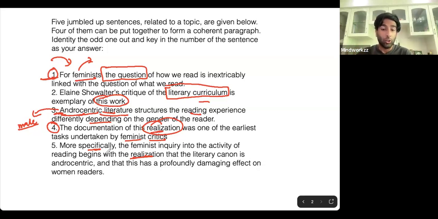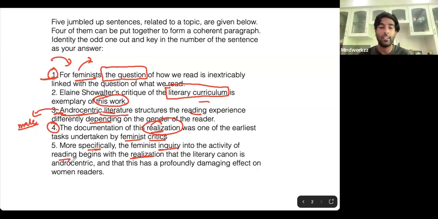So the feminist inquiry into the activity of reading begins with the realization that the literary canon is androcentric. So whatever literature is written is male-centric, and this has a profoundly damaging effect on women readers.